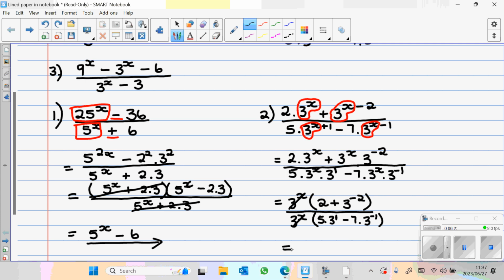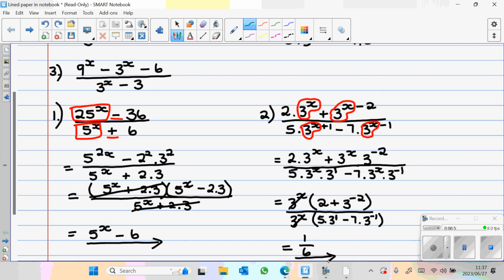I would go straight to my calculator and put in 2 plus 3 to the power of minus 2 divided by 5 times 3 minus 7 times 3 to the power of minus 1. And my calculator tells me the answer is 1 over 6. And that is the final answer for number 2.